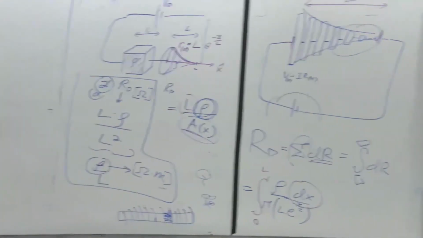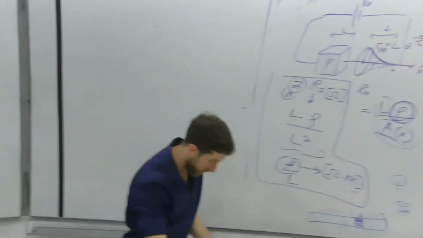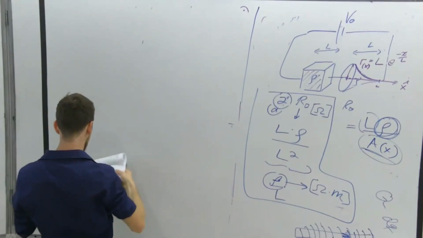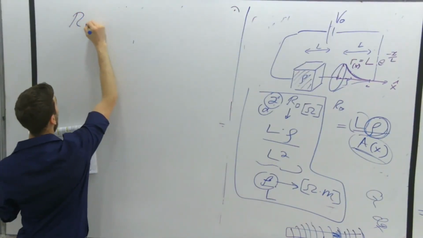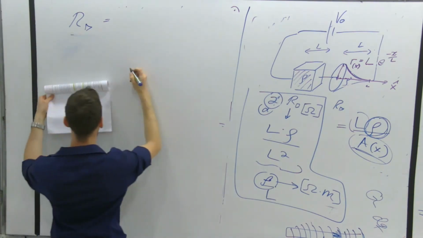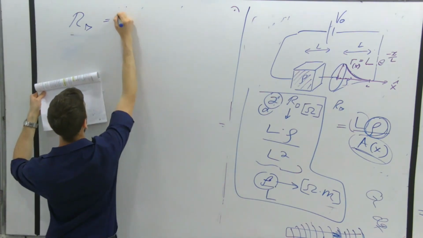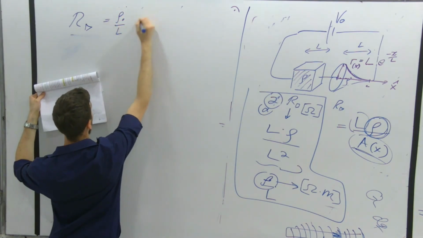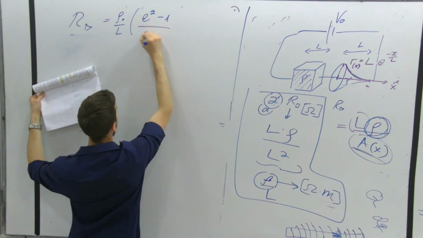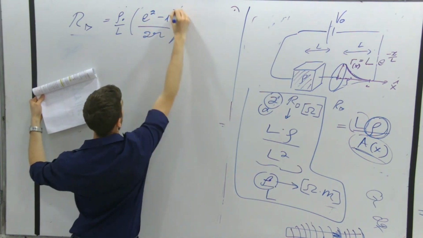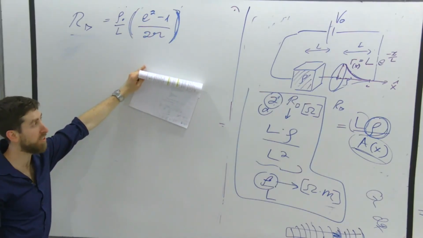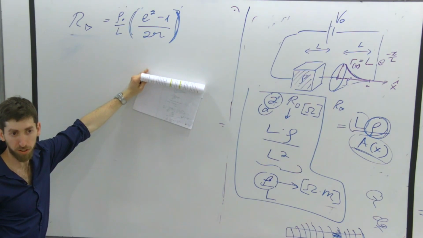Eventually, what I'm gonna get is that R equivalent, which is the integral, is equal to rho divided by L, the square minus 1, divided by 2 pi. Okay? Good? You see it? So what is the total resistance of the circuit?